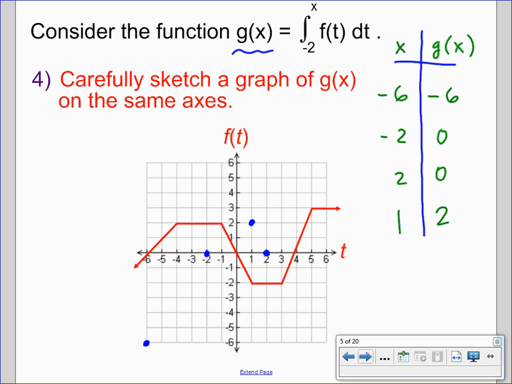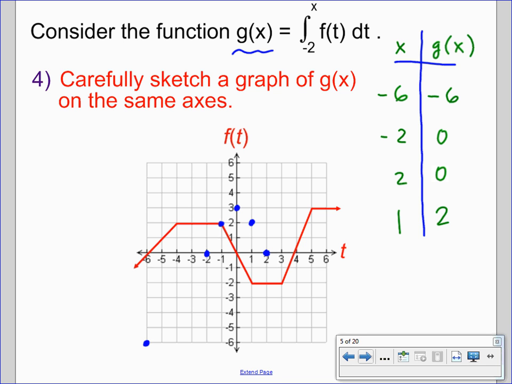If I start at -2 and scan towards -1, I would be adding on 2 units. And so it looks to me like G of -1 would be 2. If I continued scanning from -1 till 0, I'd be adding on another 1 unit. So I know, in fact, that G of 0 equals 3.